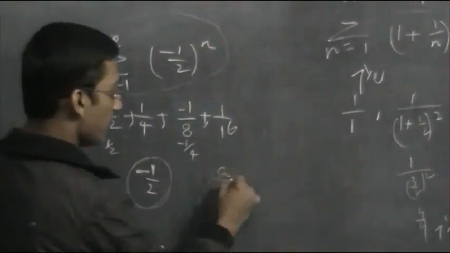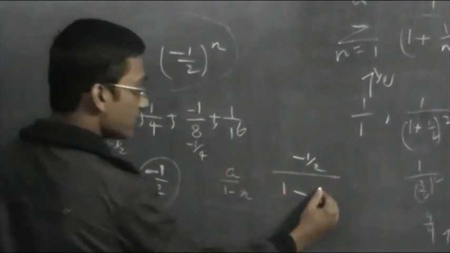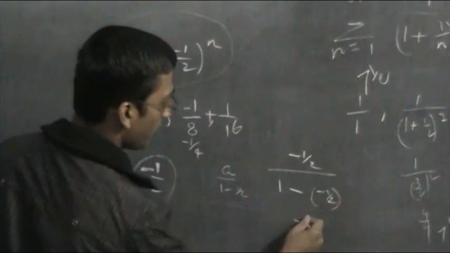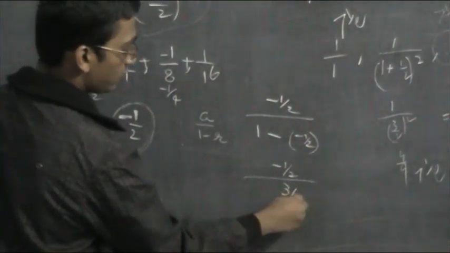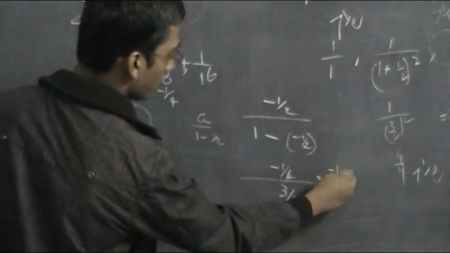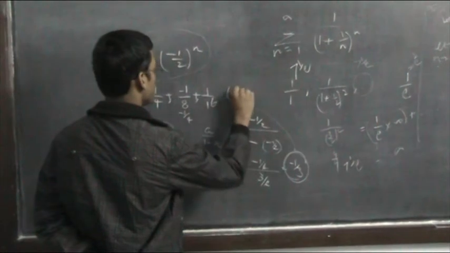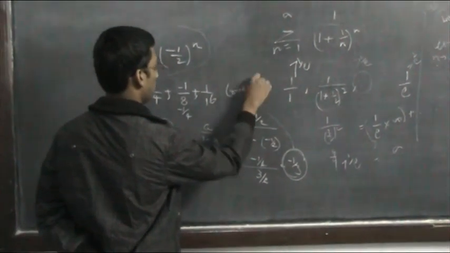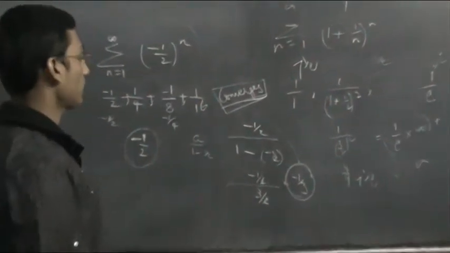Therefore, the formula is A by 1 minus R. A is minus half, and 1 minus R is 3 by 2. So we get minus half divided by 3 by 2, which is minus 1 by 3, which is a constant value. Hence the series converges. That's it.